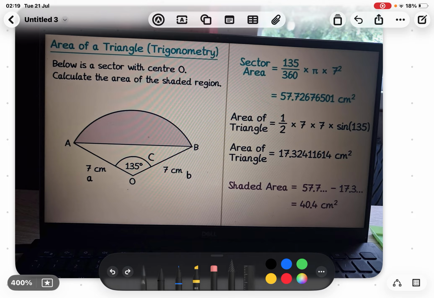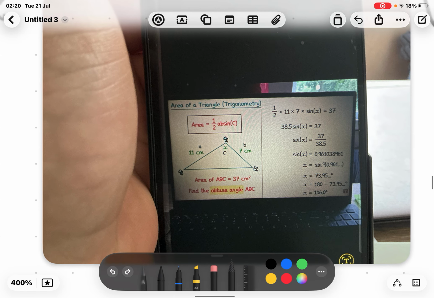And we know that the sector area is the area given over 360, because that's the maximum angle you can get. So you get the answer for the whole thing, and then you do it for the triangle only, and then since this is for the whole thing, you take them away, and this is how you get it. Now ChatGPT gave you an answer.